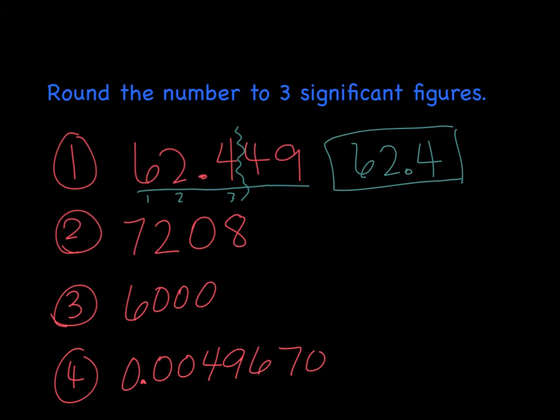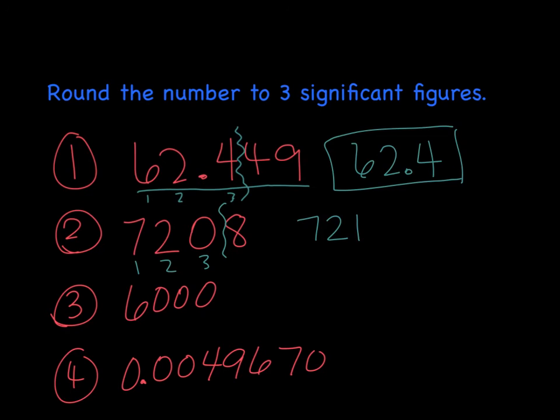All right, number 2. So I will need to round to 3 significant figures. So this is my 1st, 2nd, 3rd significant digit. And that 0 is significant because it is sandwiched. All right, so I'm going to look right over here to this 8, which means that 0 has to round to a 1 because 8 is greater than 5. So that means I'm going to have 721.